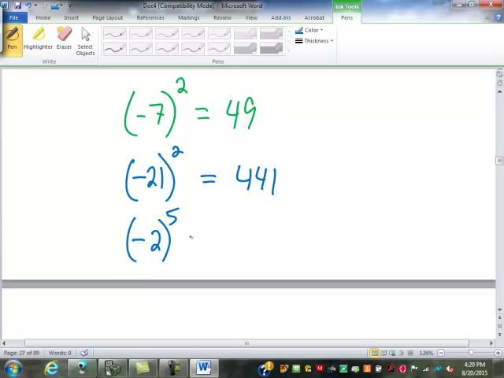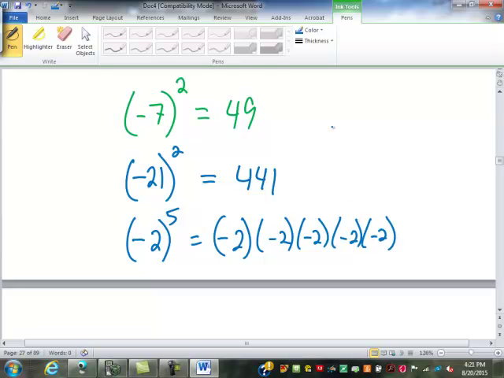How about negative 2 to the power of 5? Is that going to be positive or negative? Careful. That's saying 5 negative 2's, right? These two multiply to be positive 4.